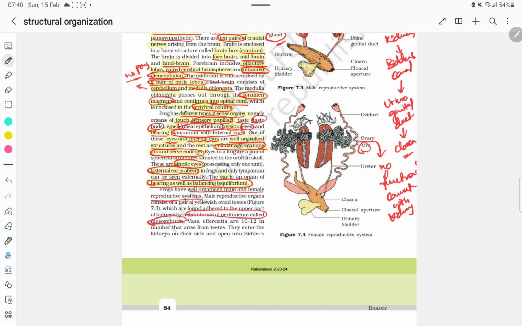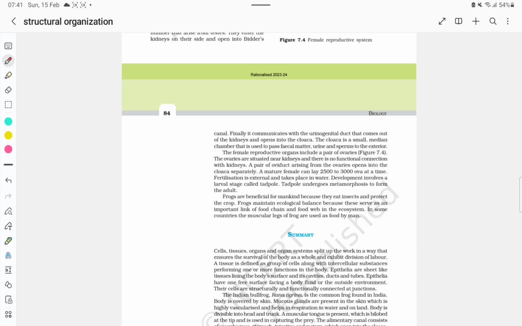The ova enter the body cavity first, so there is no direct connection between the ovary and oviduct. From the body cavity to the oviduct, and from the oviduct directly they reach the cloaca. The cloaca is a small median chamber used to pass fecal matter, urine and sperms to the exterior.